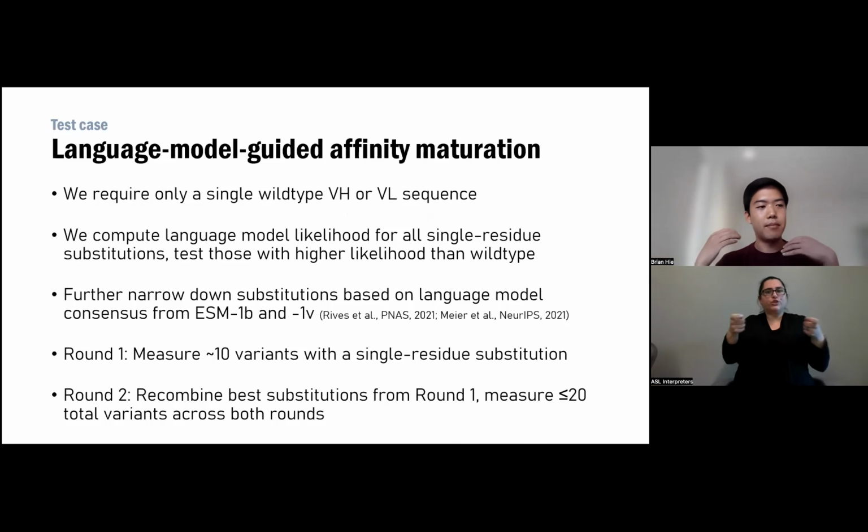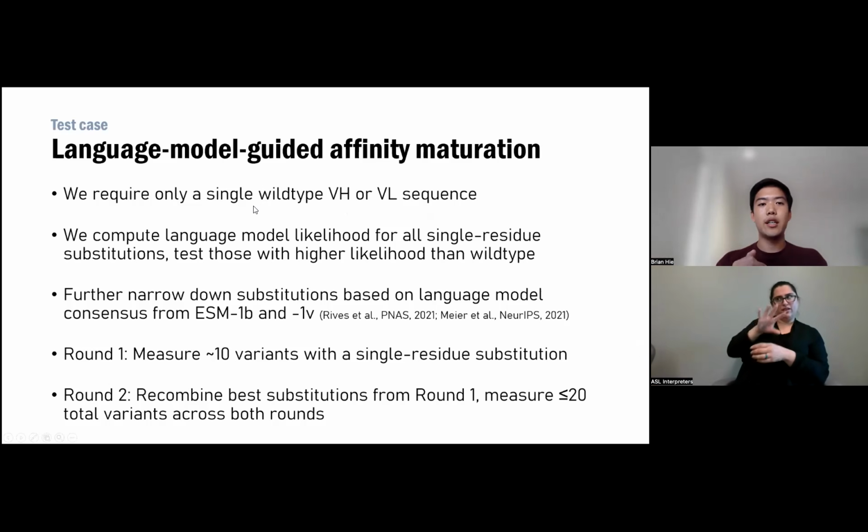A lot of therapies are based on human antibodies with high affinity for a target. And so this is the main setting that we're using to test whether or not intrinsic fitness is a good prior for extrinsic fitness.